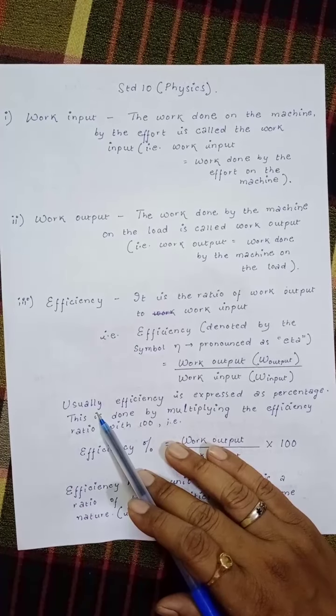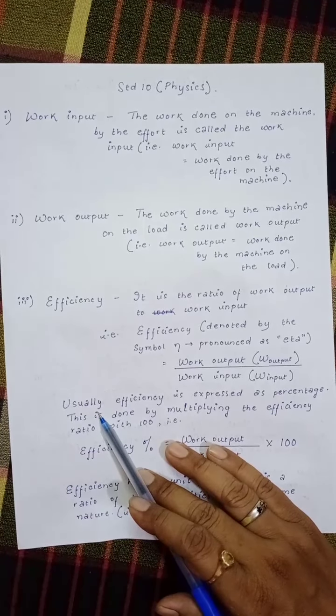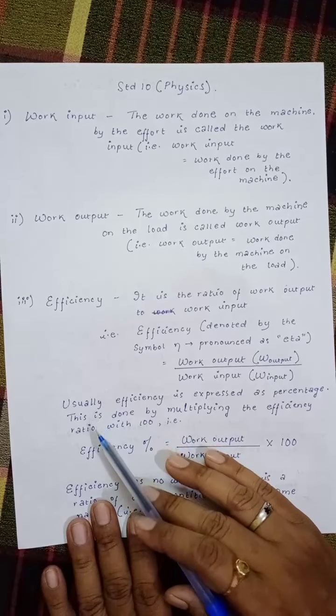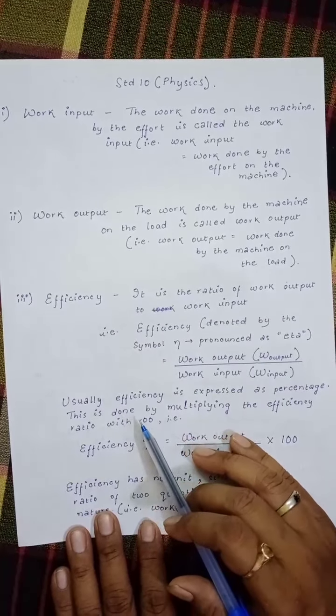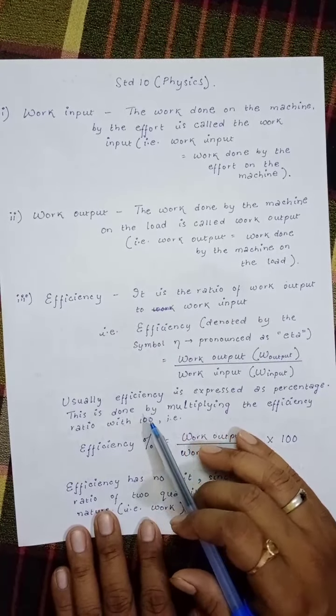Usually efficiency is expressed as percentage, and this is done by multiplying the efficiency ratio with 100. Suppose this efficiency ratio is 0.06. So when you have to calculate percentage efficiency, it is 0.06 into 100.